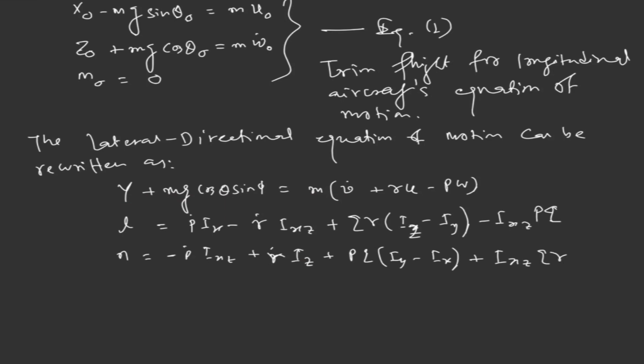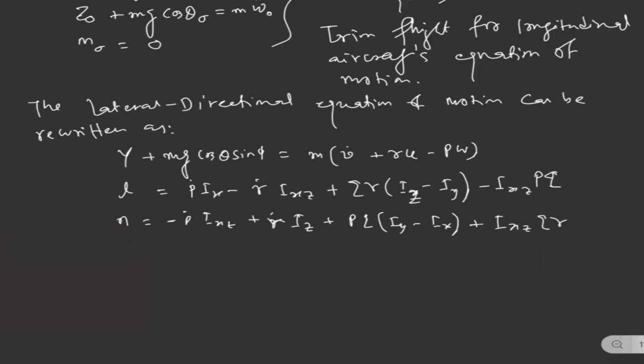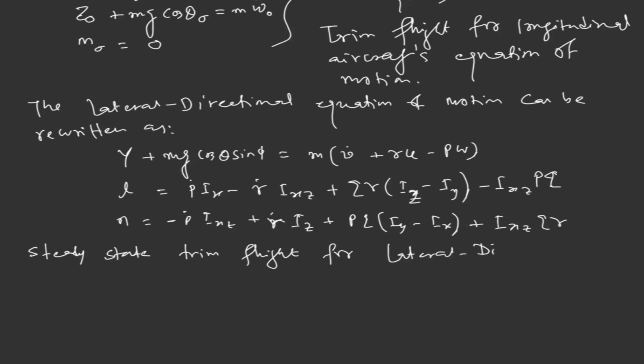So this is the lateral directional equation of motion of the aircraft. And the trim flight for the lateral directional equation we can write as the steady state trim flight for lateral directional equations.